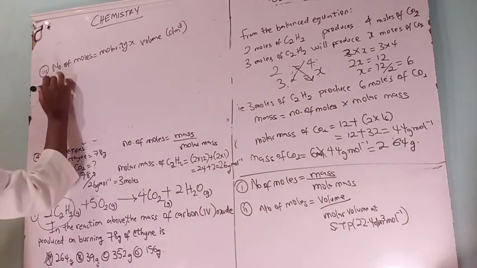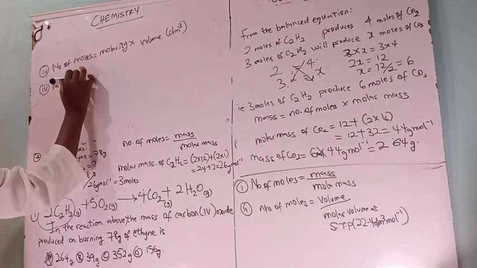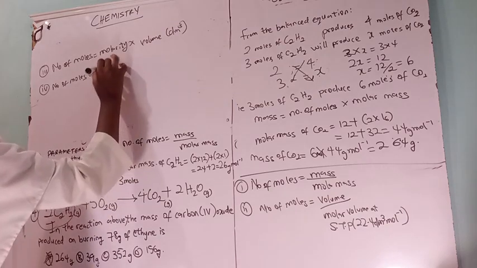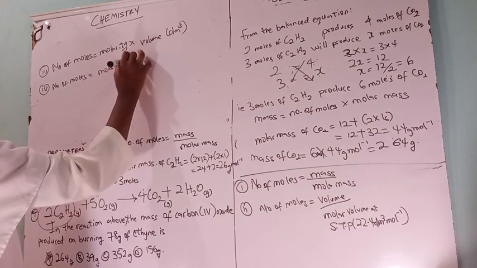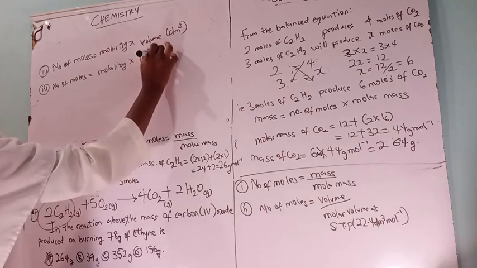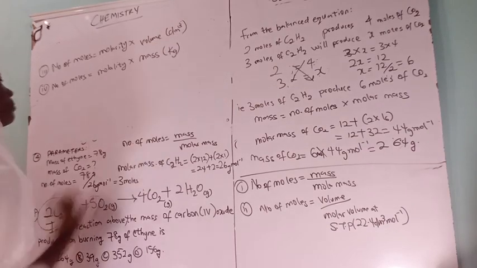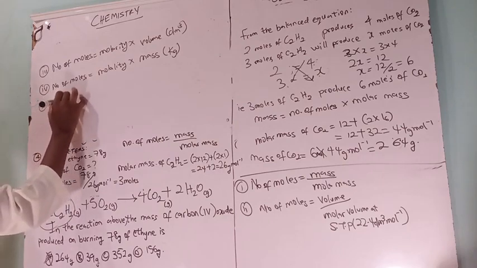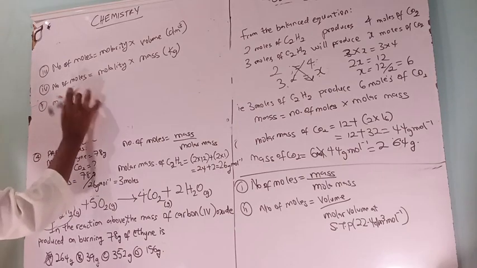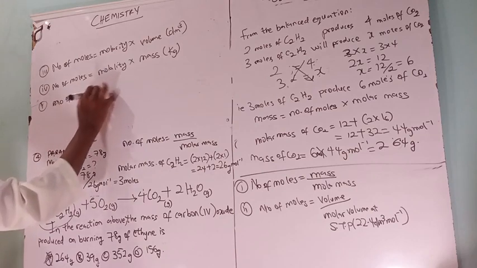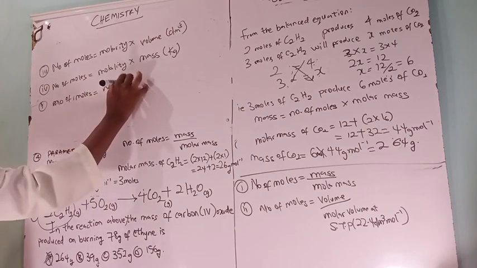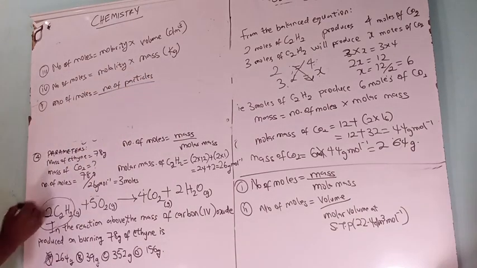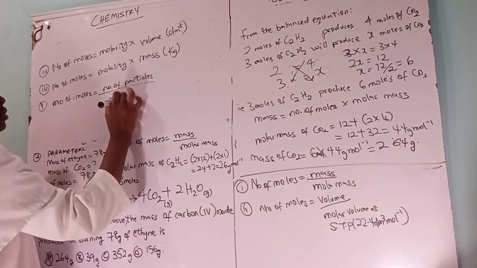Number 4, number of moles equals molarity times mass in kilogram. Then number 5, number of moles equals number of particles over Avogadro's constant.